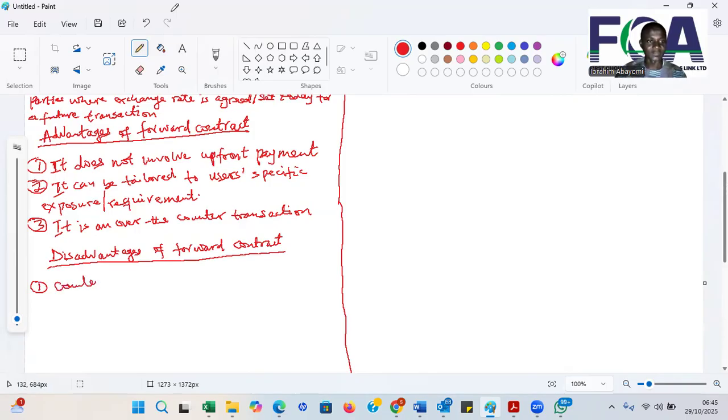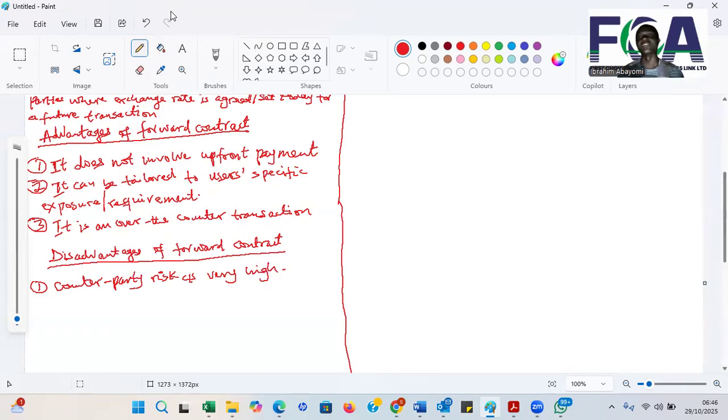Counterparty risk is very high. So what's counterparty risk?